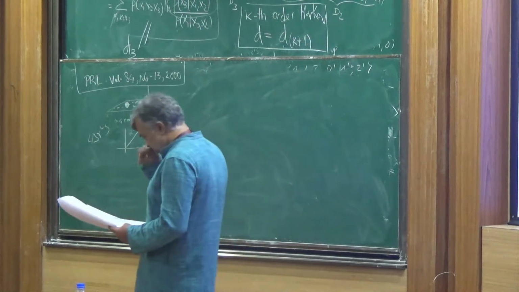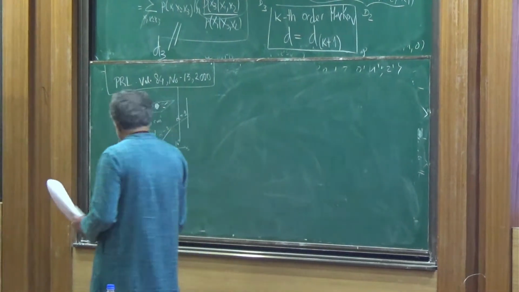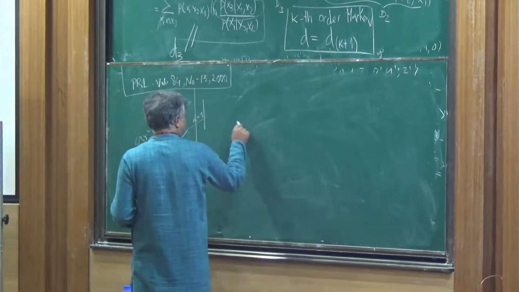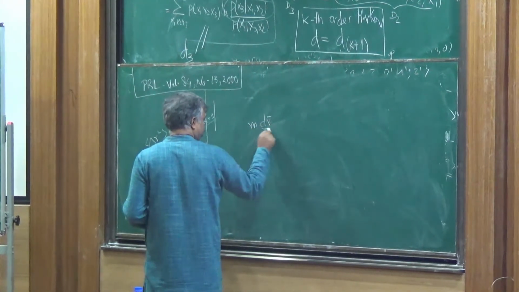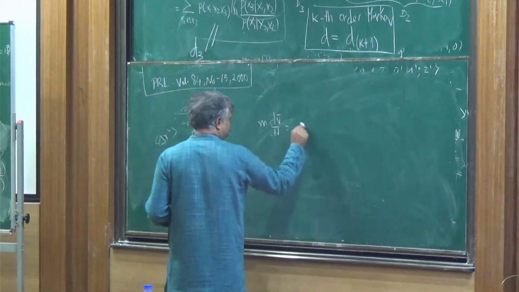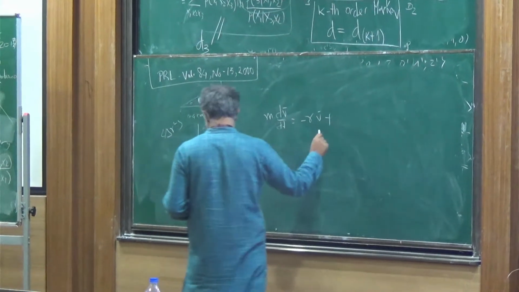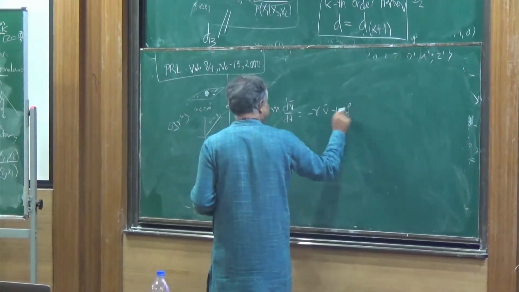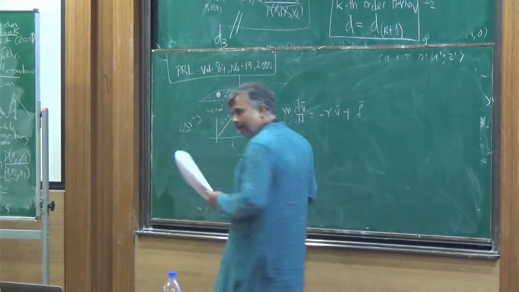So these two things were important. They first write this equation, which has some importance. The noise is there, and the density of the bacterial bath is also very important.